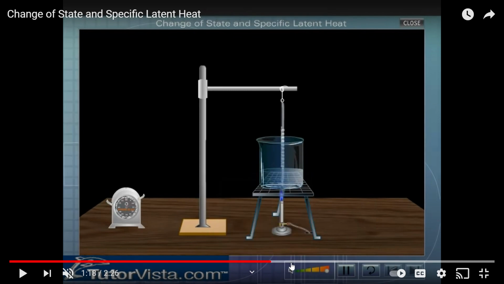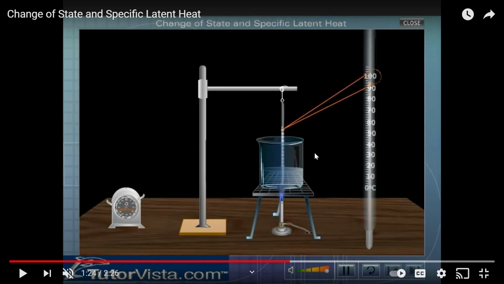Similarly, at 100 degrees centigrade, you see, when this water is getting the heat, but the temperature is not rising, the thermometer is showing the reading to be 100. Why is the temperature not rising? Because the hidden heat or the extra heat has been used up to break down the bonds or the intermolecular force of attraction between the molecules, and because the attraction has been broken, the molecules are farther apart, and now this water has been changed into vapor or gaseous form.